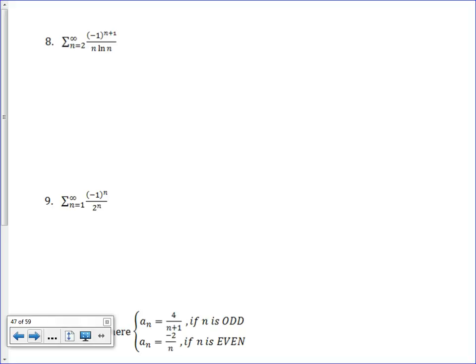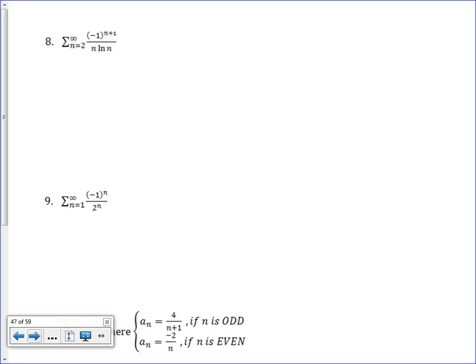1 over n diverges because of the ln. You have to use an integral test.